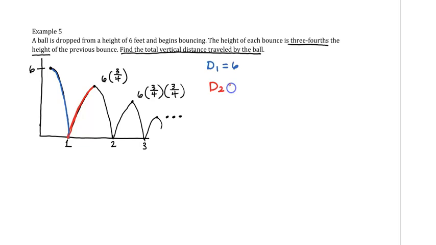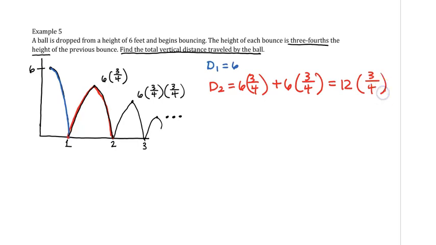The second piece I'll call D2, which was 6 multiplied by 3/4. Notice that the ball traveled that exact same distance as it traveled back down. So I'll add that in here to conclude that that total red piece is 12 multiplied by 3/4.